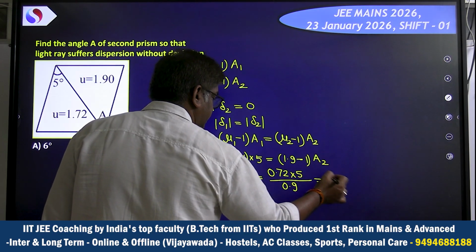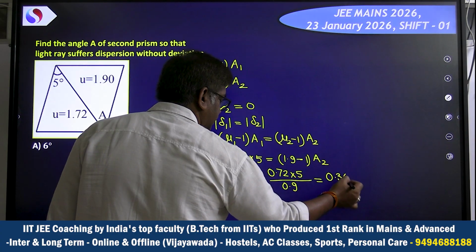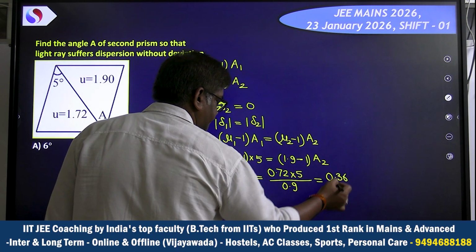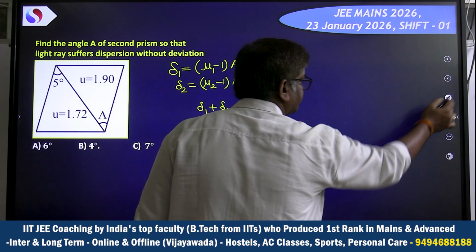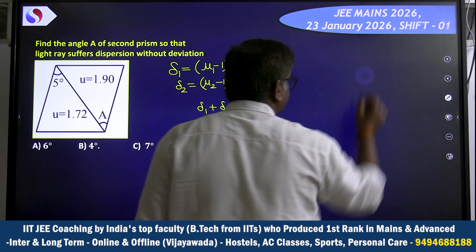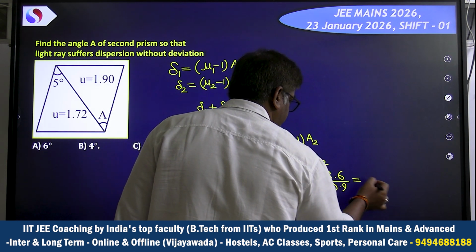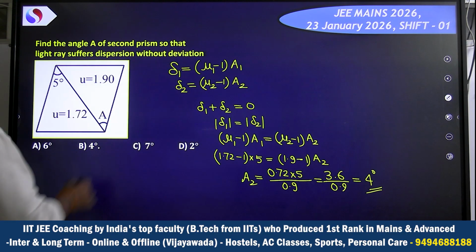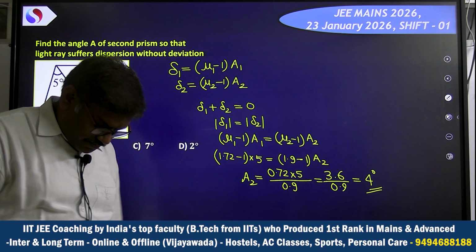This is 3.6. 3.6 divided by 0.9 is 4 degree exactly. So the correct answer for this question is 4 degree, option B. Okay, easy question again.